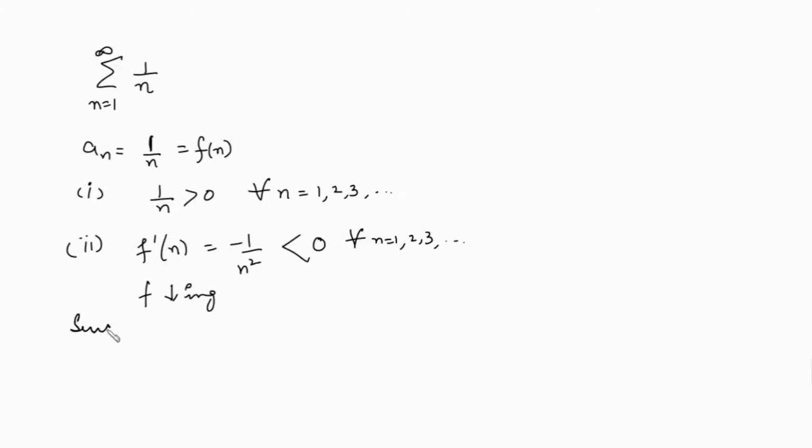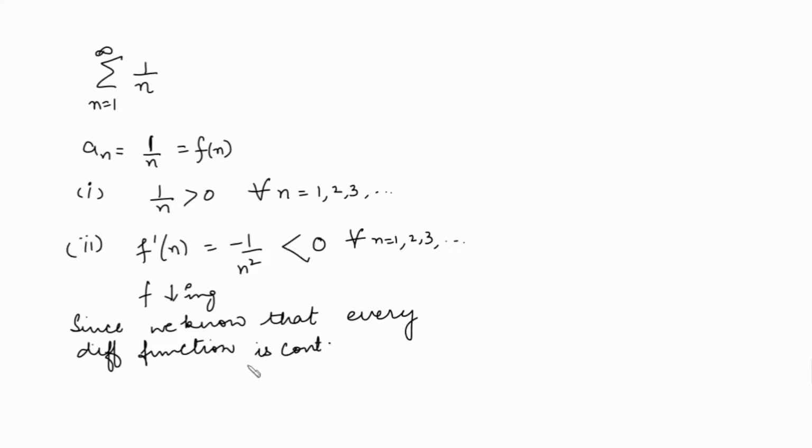And since we know that every differentiable function is continuous, therefore the third condition, f(n) is continuous. So all the conditions are satisfied, therefore we can apply the integral test.